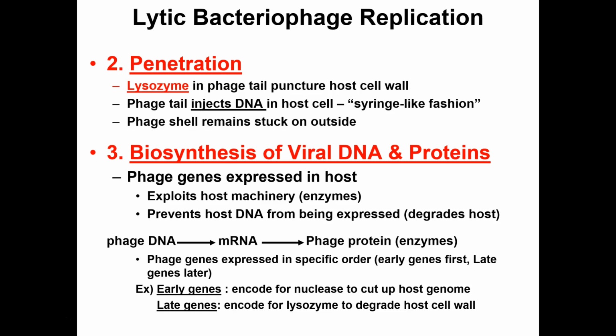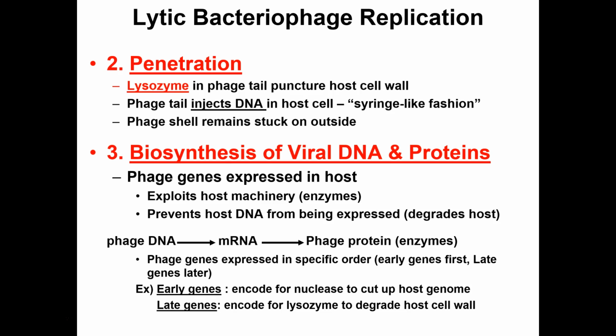Now, something kind of neat about viral genes is that while there's not very many of them, they are expressed in chronological order. They're timed. So, when you talk about viral genes, often you refer to early, middle, and late genes, referring to when they're expressed during infection.